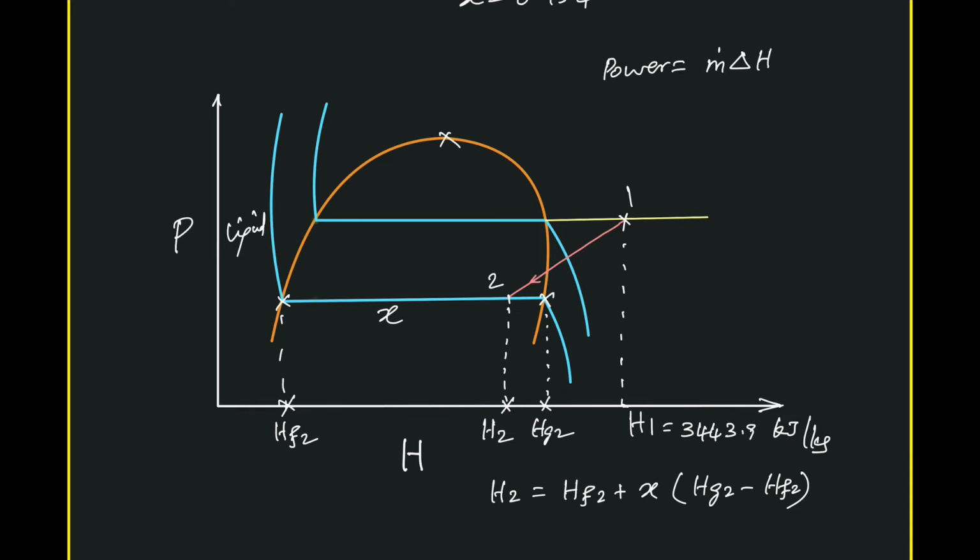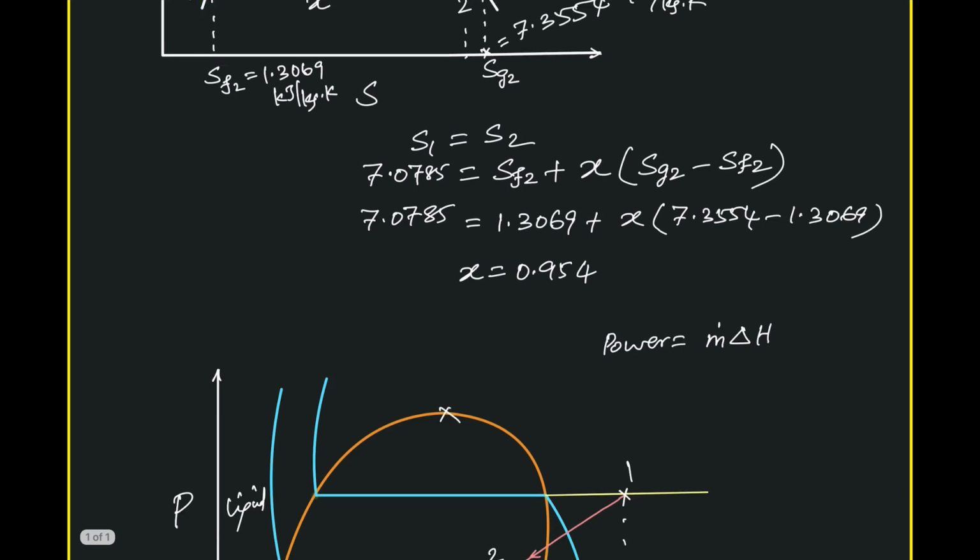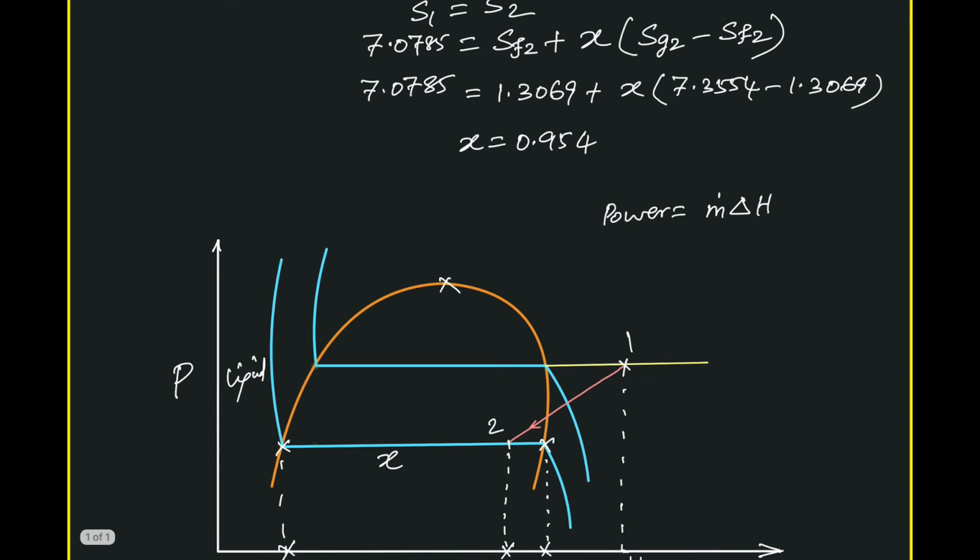The process is happening isentropically, and this lower blue line corresponds to the pressure of 1.01325 bar. The inlet is at 41 bar. So this corresponds to 41 bar, and this corresponds to 1.01325 bar.